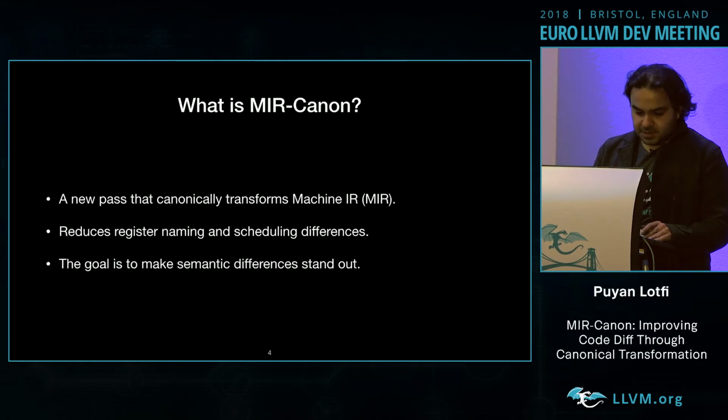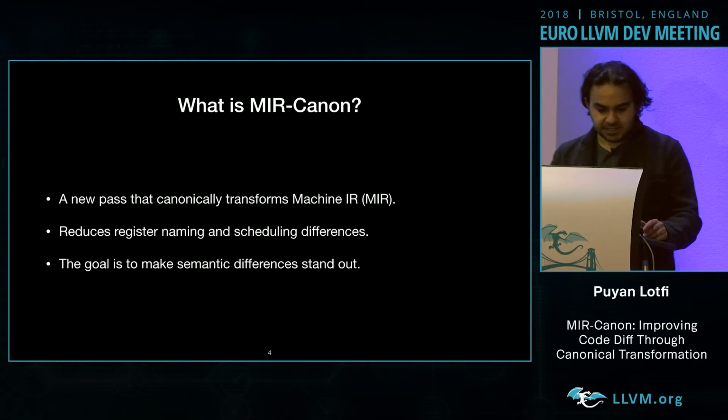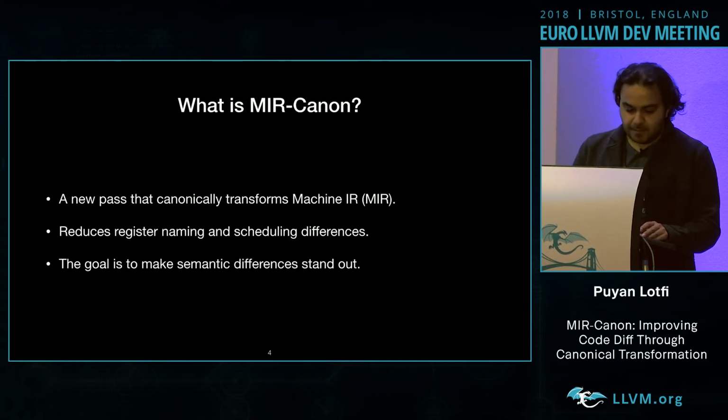And so the next question you all may have is, what is MIR-Canon? Well, MIR-Canon is a newer machine pass built with the aim of doing canonical transformations on MIR code that canonicalize register naming and instruction placement for a given MIR file.